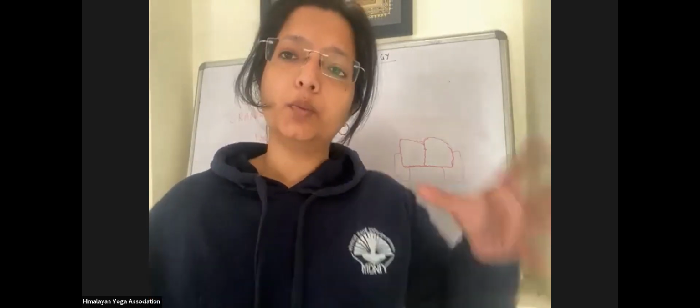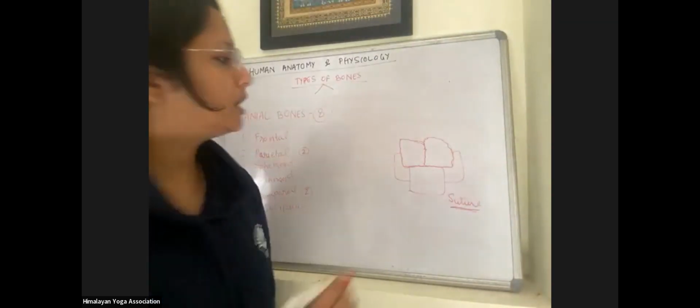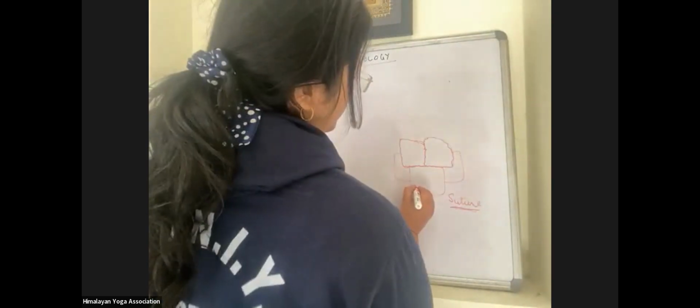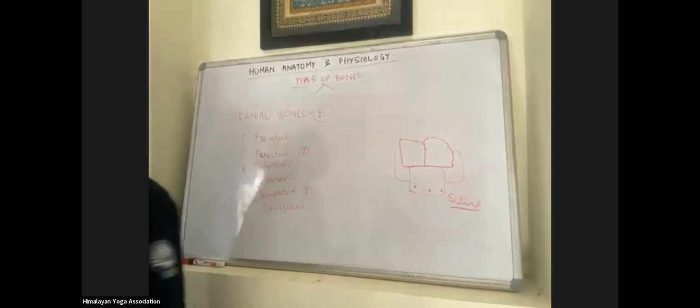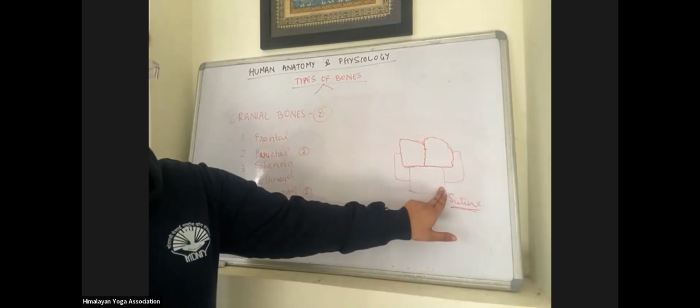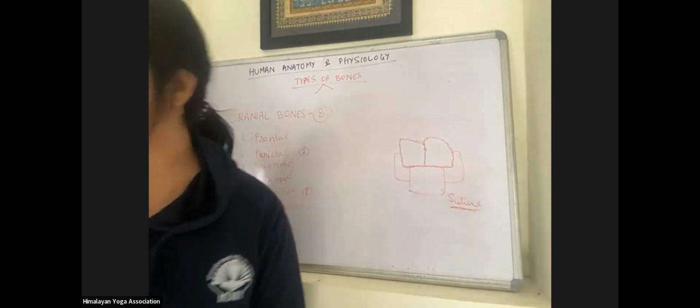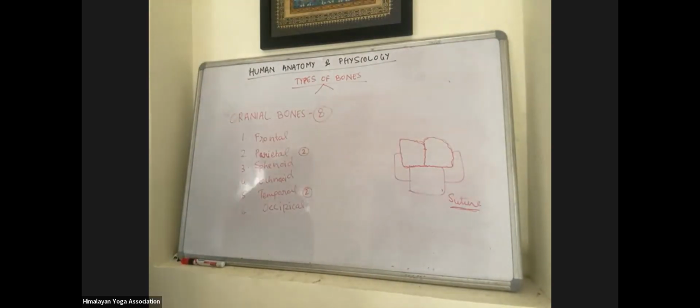How will it do that? Because this cranial cavity has very immovable joints, there are some holes in the cavity. Not in this bone, but yes, it has some holes, and those holes are called foramina.